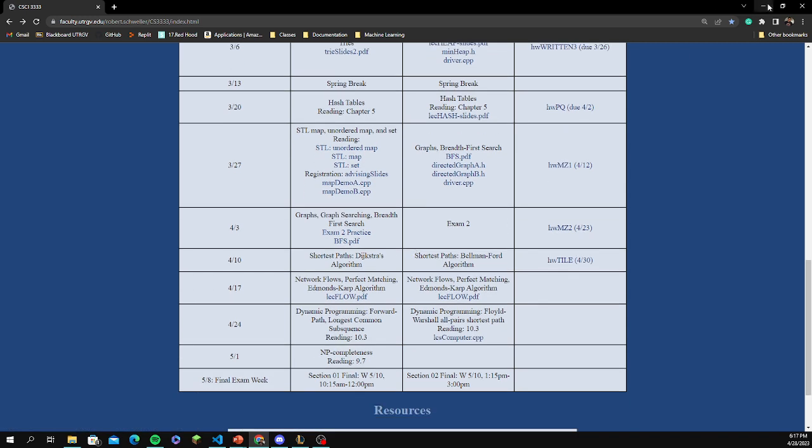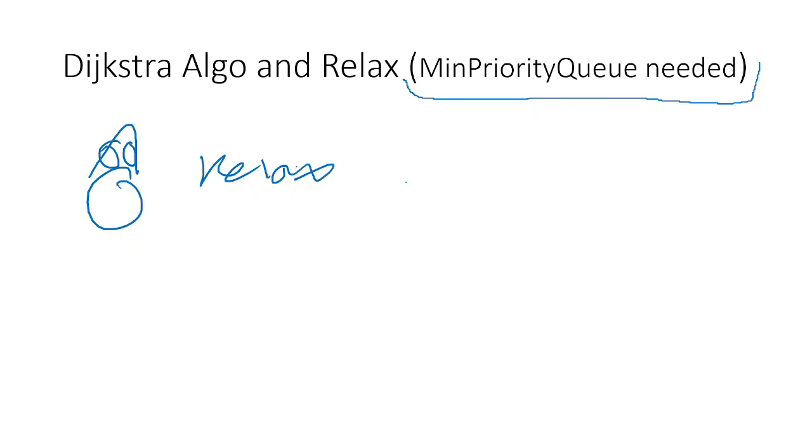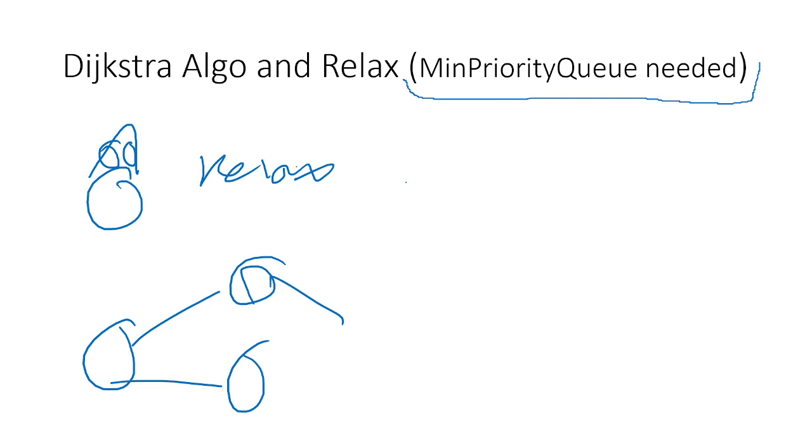Well, Dijkstra's algorithm is a pretty simple algorithm. You're going to be using your min priority queue. You're going to iterate it, and then look at the neighbors of that vertex you're currently at. So, neighbor, I start here.